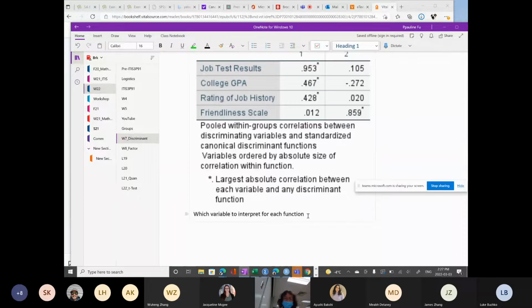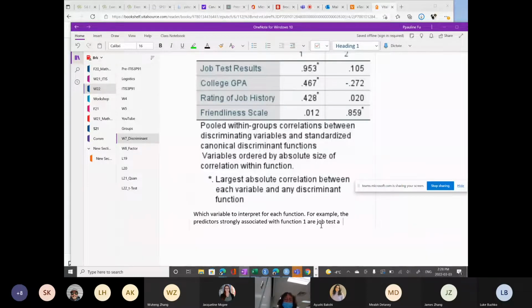So for example, based on this structure matrix, we know the predictors strongly associated with function 1 are job test and college GPA.